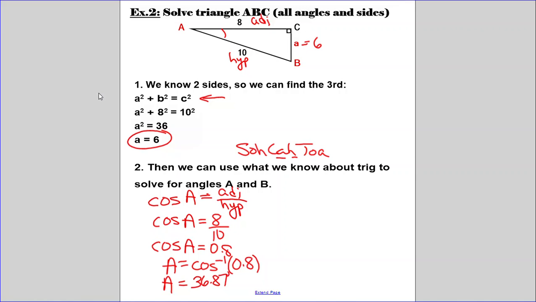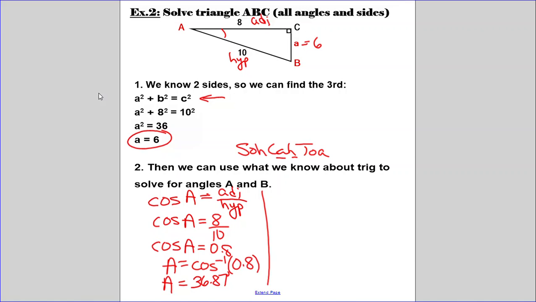Now we know that the sum of the angles in a triangle add up to equal 180. So if I were to add the 90 degrees on here and subtract from 180, I know I'm going to get 53.13 degrees for the other angle, but let's actually calculate it just to verify.